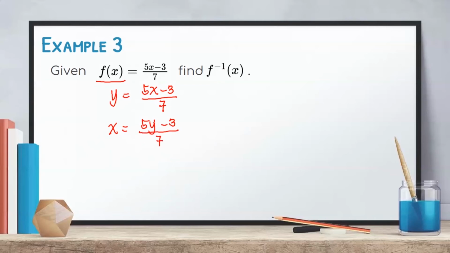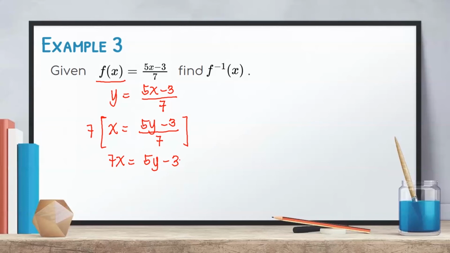From here, we need to solve for y in this new equation. But since we have a denominator here, we need to eliminate the denominator by multiplying the whole equation by it. So we will have 7x equals 5y minus 3. Next, let us isolate the term with y.